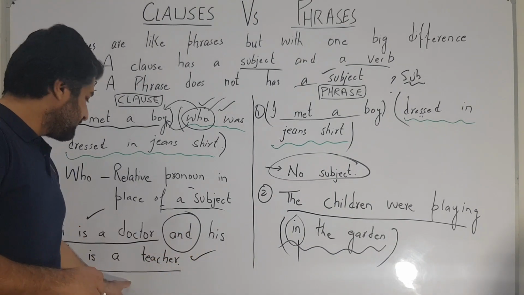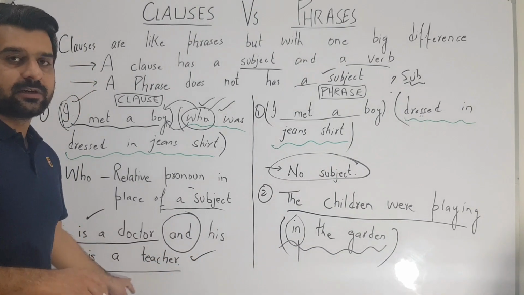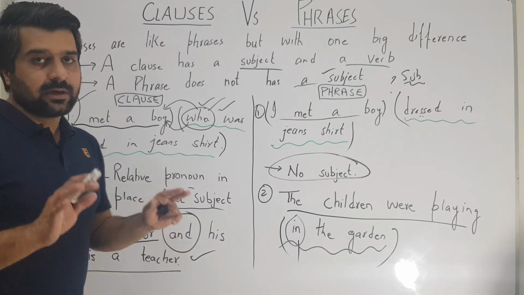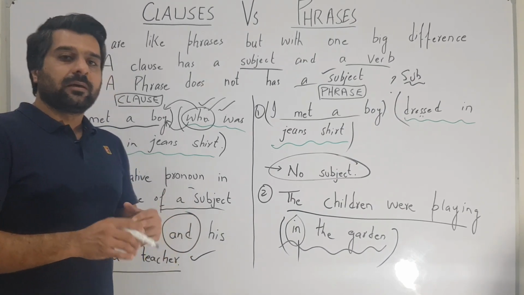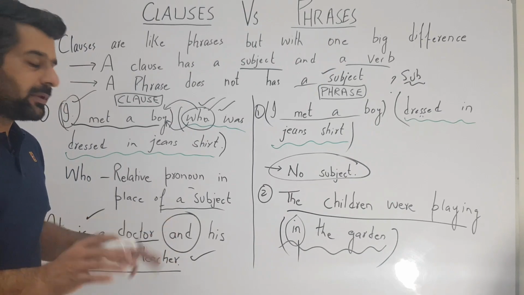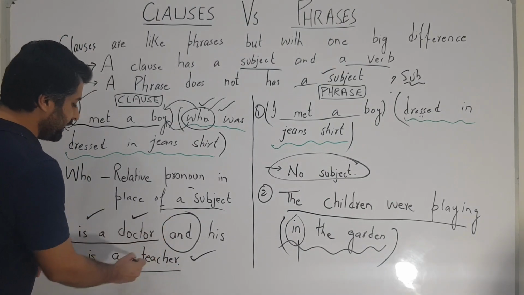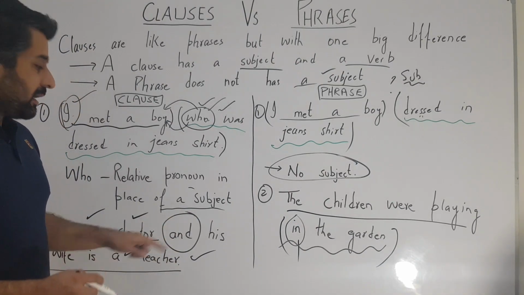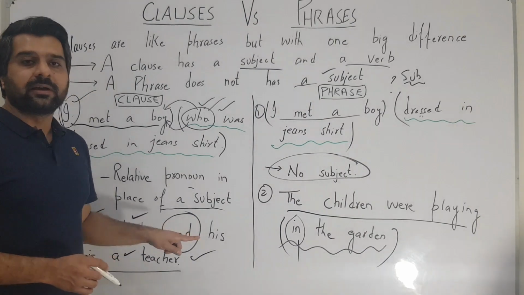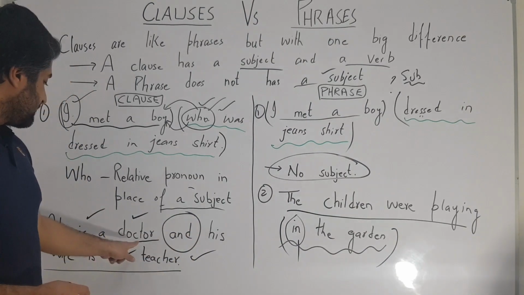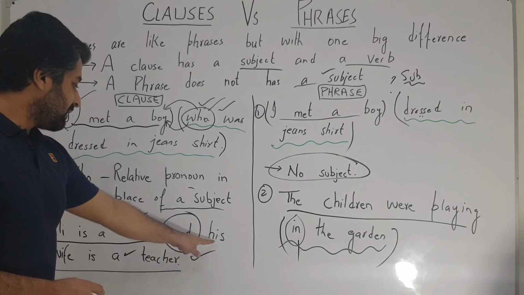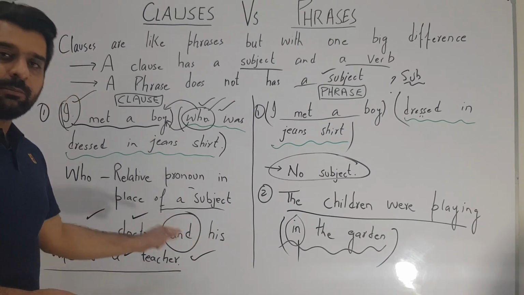Now this is also a complete sentence. His wife is a teacher. It makes sense. It is delivering the complete meaning. There is no ambiguity. So these two independent clauses are joined together with the help of a coordinating conjunction. Both of these clauses have a subject.